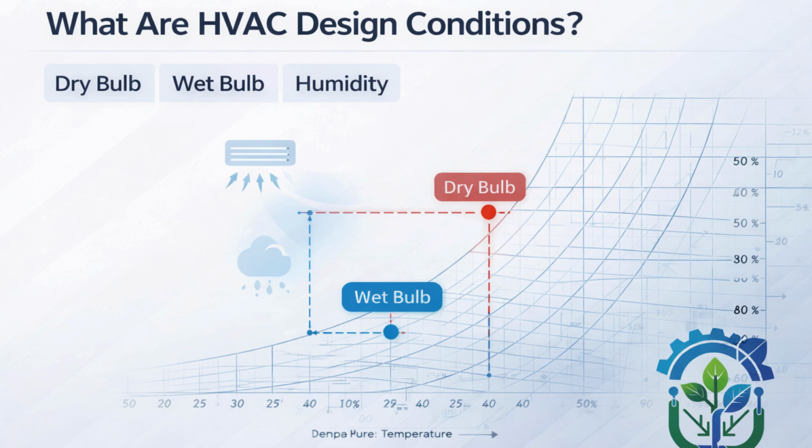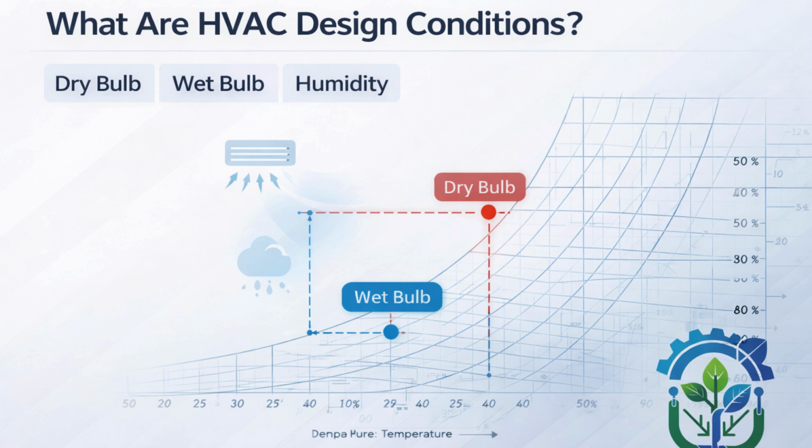When design conditions are wrong, cooling complaints start, electric bills increase, compressors trip, and equipment life reduces. So HVAC design conditions are not academic theory. They directly affect comfort, energy consumption, reliability, and client satisfaction. This is why we must understand what we are designing for, not just what we are installing.